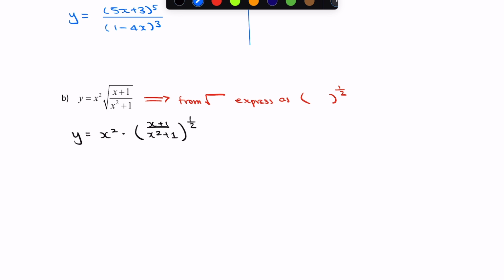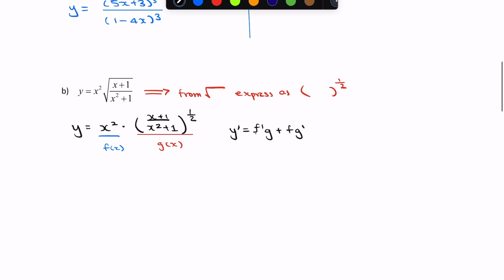And here, we're going to use, again, the product rule. So we'll label this as f of x, and this entire expression here as g of x. Again, recall the product rule: y prime is equal to f prime g plus f g prime.